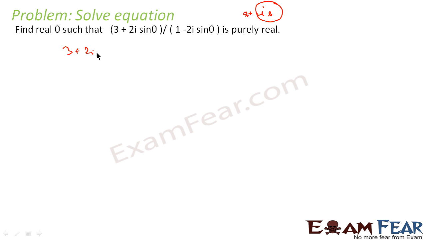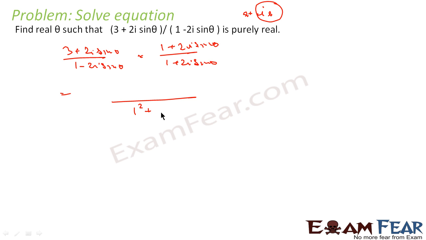So let's do this. 3 plus 2i sin theta by 1 minus 2i sin theta. Let's rationalize this by multiplying and dividing with 1 plus 2i sin theta. So here what you get in the denominator is 1 square plus 2 sin theta square.